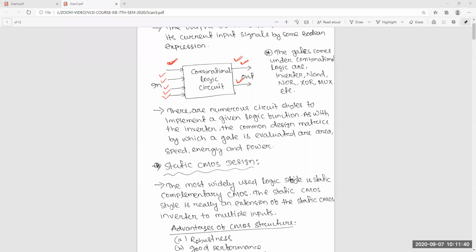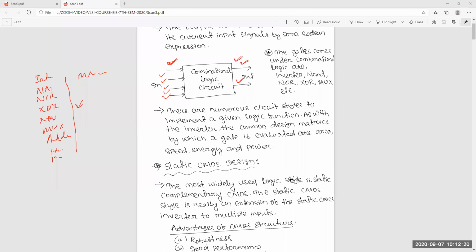This combinational circuit may be anything from an inverter to a multiplier: NAND gate, NOR gate, XOR, XNOR, MUX, half adder, full adder. Whatever the circuit, the output depends on the present input only. So these are examples of combinational logic.